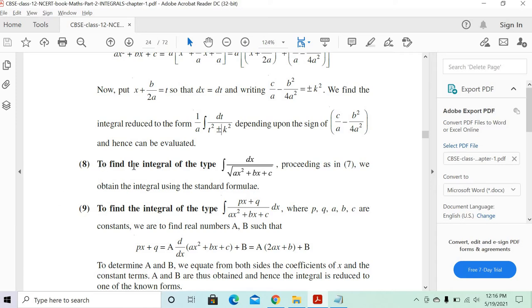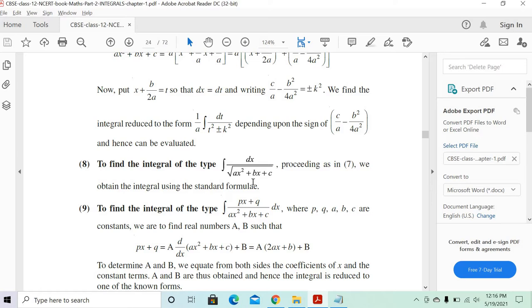Same case goes with property number 8. Property number 8 is also completing the square only. When you complete the square, everything comes in the square root form. All these things we are discussing in property number 1 to property number 6, that's what is important. Clear?